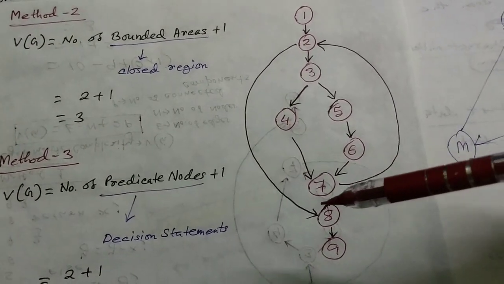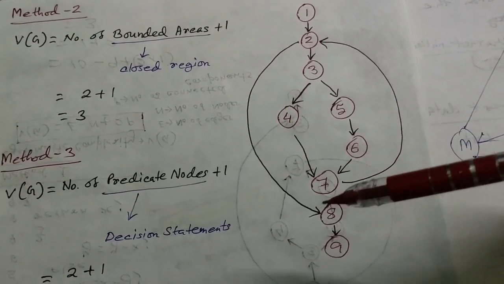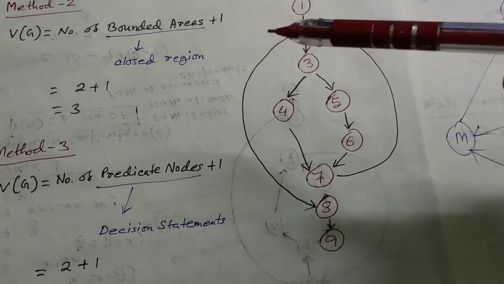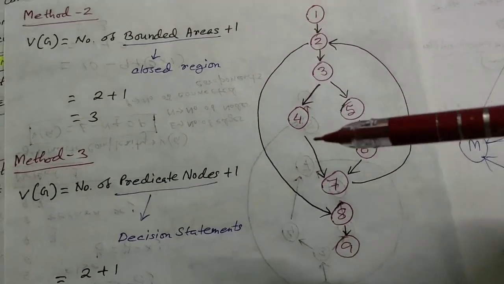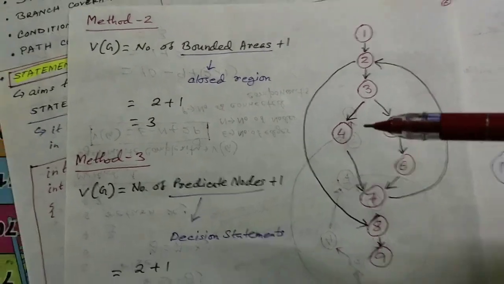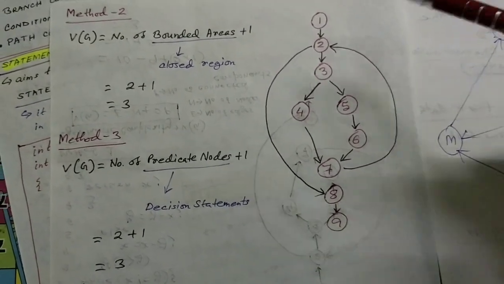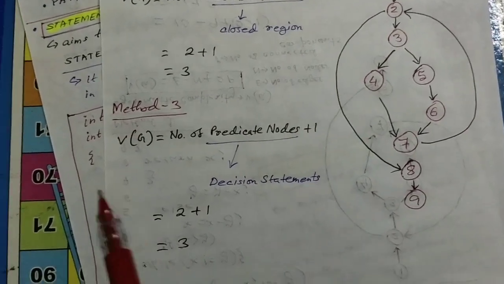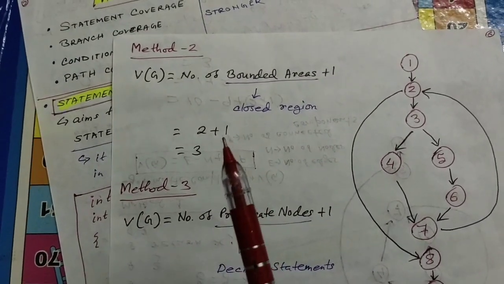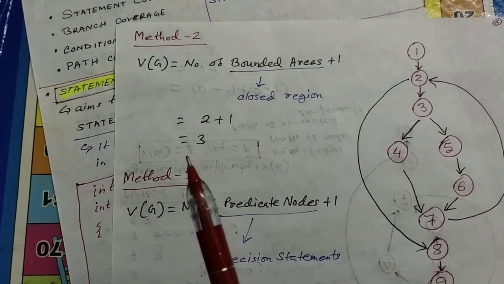Okay, there is a path, there is a gap. As there is an open region, it will not be considered as a bounded region. So how many bounded regions can we get from this graph? Only two, one and this two, right? So 2 plus 1 is 3.